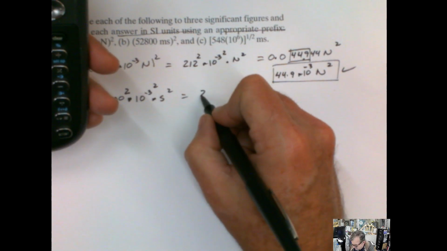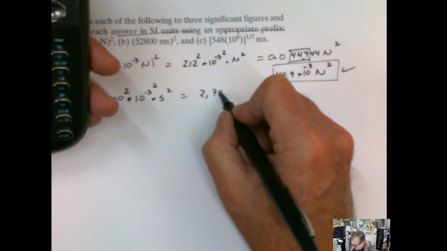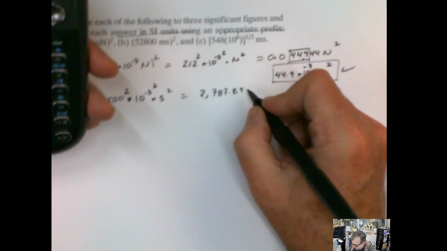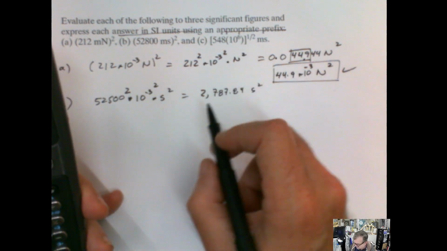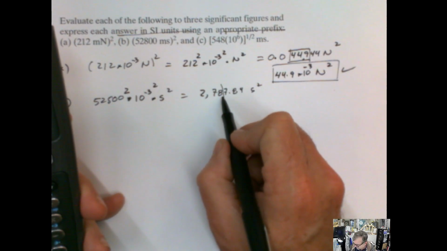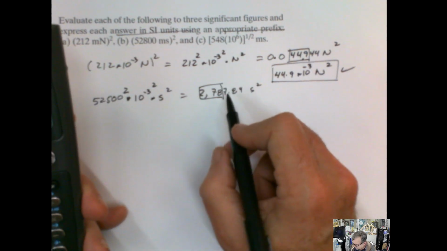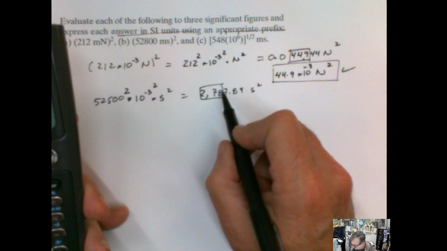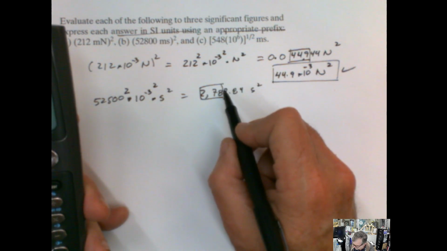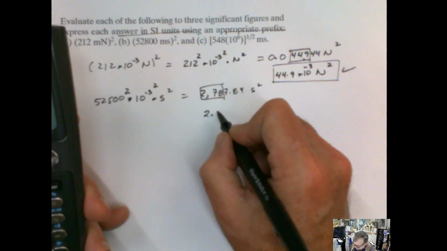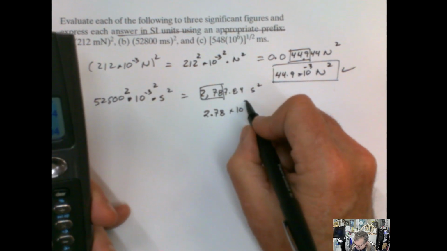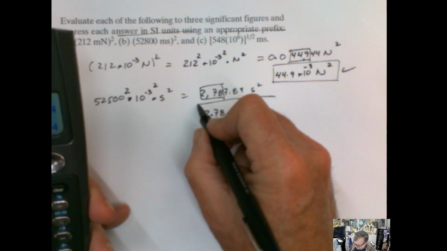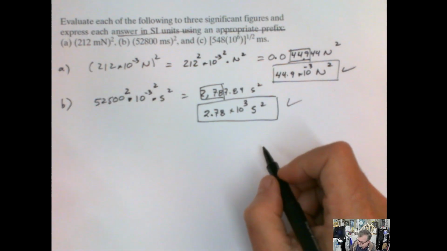Enter, and that's 2,787.84 second squared. For expressing this in three significant figures, 1, 2, 3, this rounds up to 2.78 times 10 to the third second squared. That would be the solution for that one.